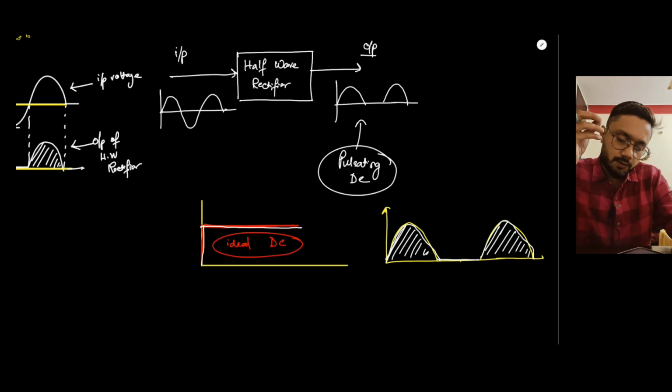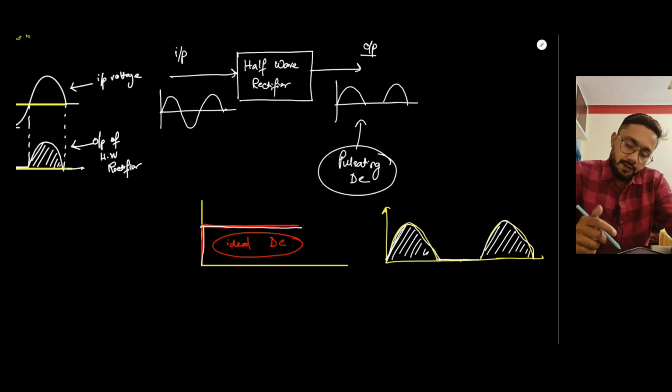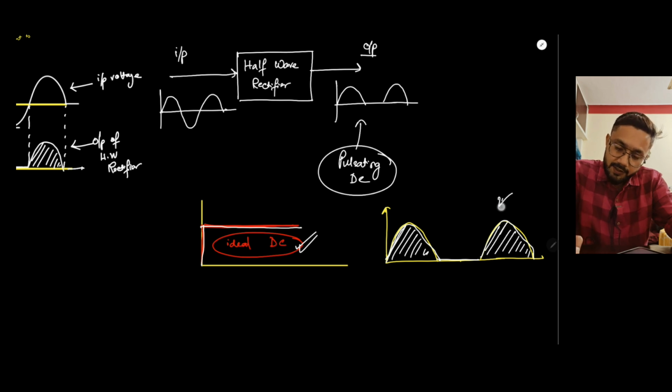So we have an index called the ripple factor, which basically says how much ripple is there in the output of a rectifier. The best case is the ideal DC, but with a half wave rectifier, our output will look like this.